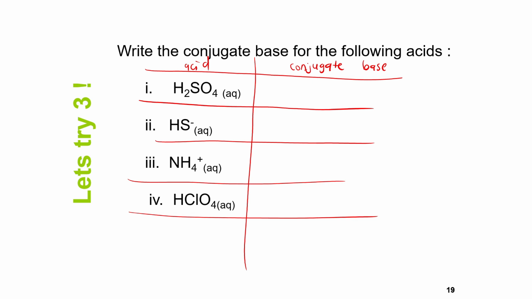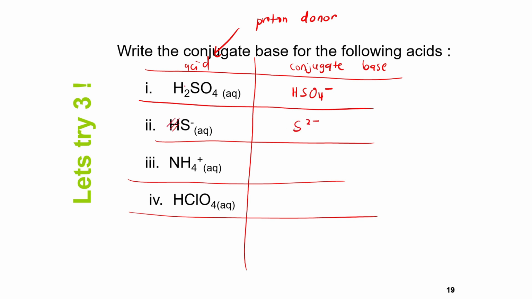So acid is a proton donor, meaning untuk form conjugate base ni mesti ada hydrogen kurang 1 daripada this acid. So acid H2SO4 ada 2 hydrogen, donate 1 jadi HSO4-. So ini pun sama, donate 1 jadi S2-.